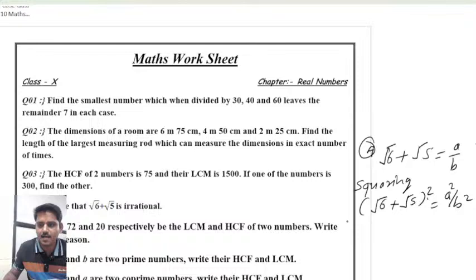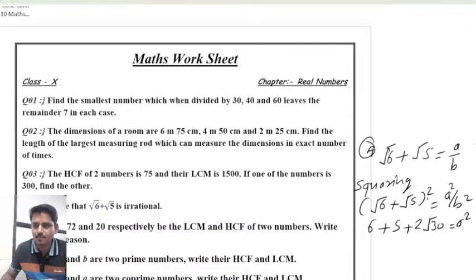Squaring, we get 6 plus 5 plus 2 times root of 6 times 5, which is 30, equals a square upon b square. After solving, we will get 11 plus 2 root 30 equals a square upon b square.